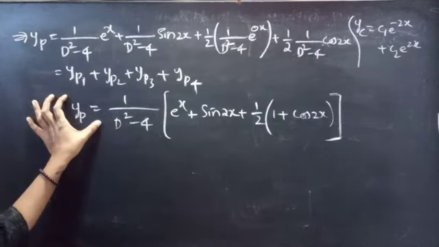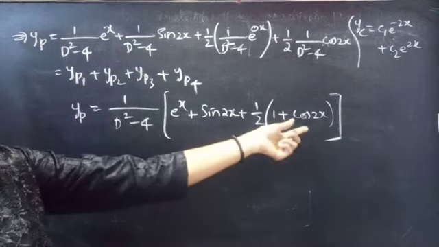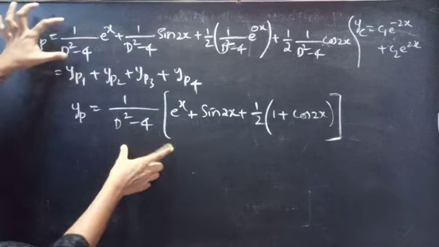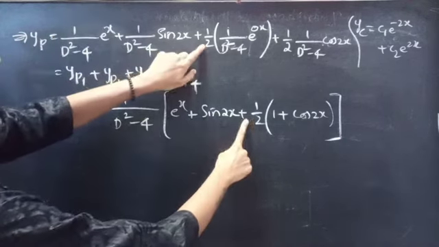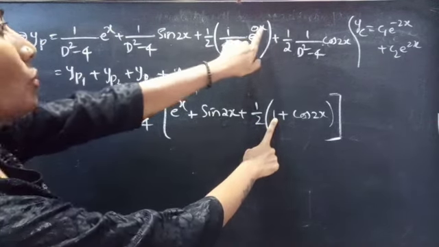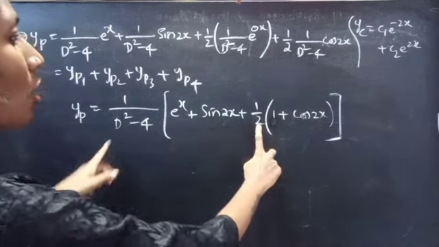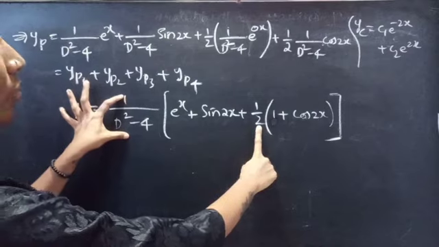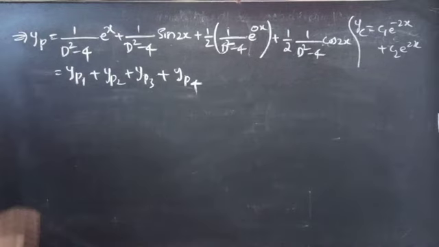We already have yp equals 1 by f of D into e power x plus sin 2x plus 1 by 2 into 1 plus cos 2x, right? From this we got 1 by f of D into e power x plus 1 by f of D into sin 2x plus constant, in place of 1 we wrote e power 0x, so we get 1 by f of D into e power 0x plus 1 by 2 into 1 by f of D into cos 2x. Let's find each term separately for our convenience.